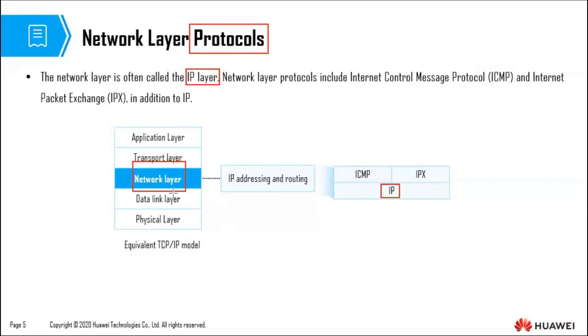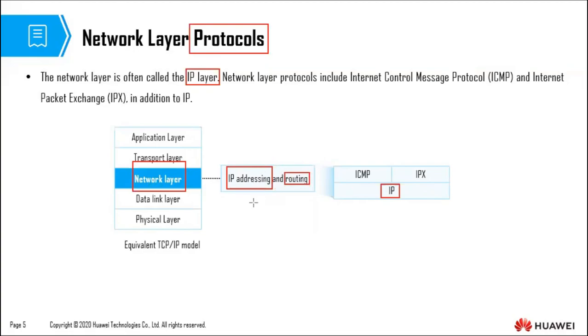Now, the main purpose of the network layer is to provide IP addressing, are we together? And data forwarding, what we are calling routing. Are we together?